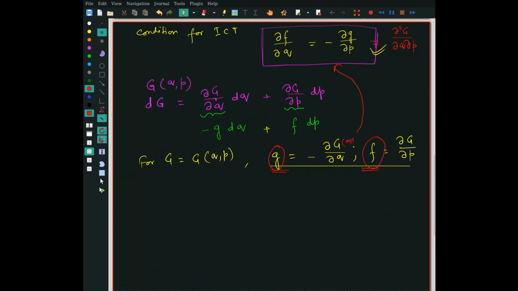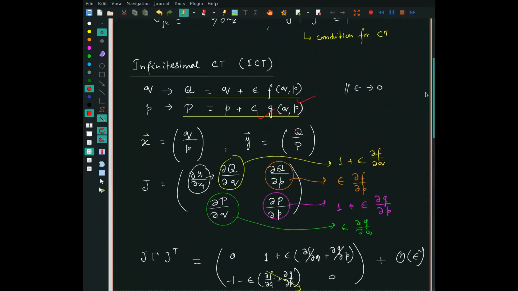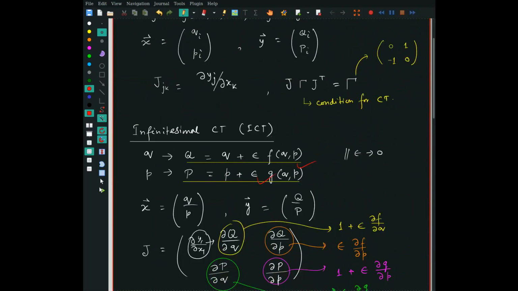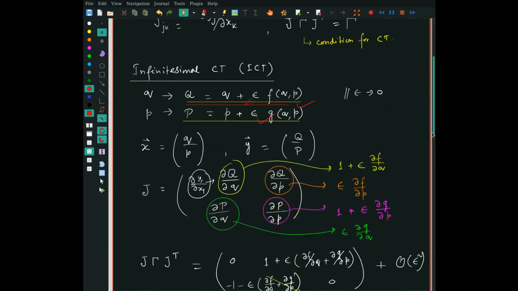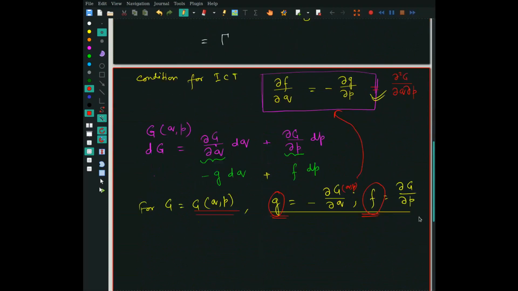This is G(q,p). And if g and f are related via these relations to a single function G(q,p), then I know that an infinitesimal transformation of this form is basically a canonical transformation. Good.